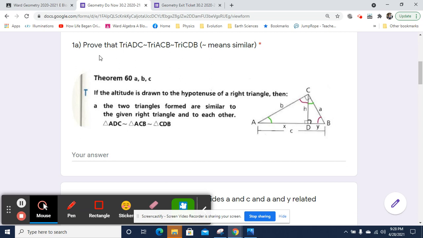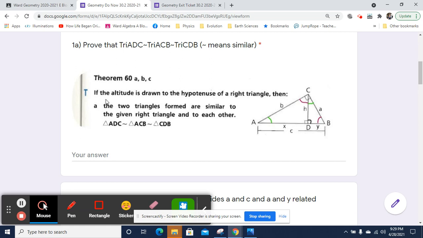So what we need to do is prove that triangle ADC is similar to triangle ACB, which is similar to triangle CDB. The order of those letters actually matters because it relates to how you would prove this.